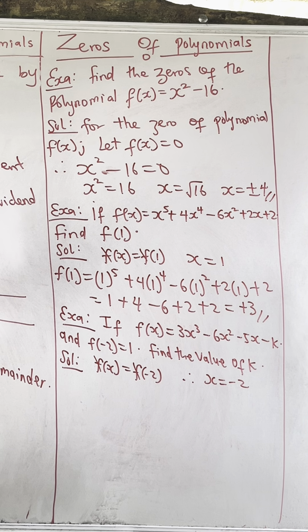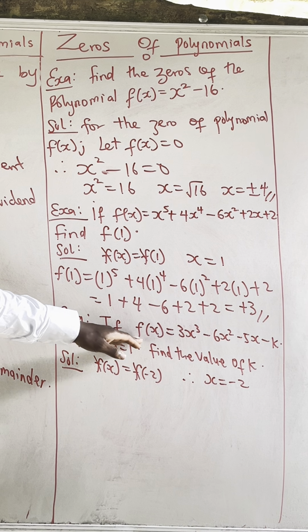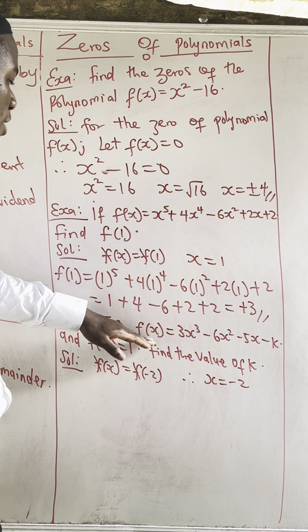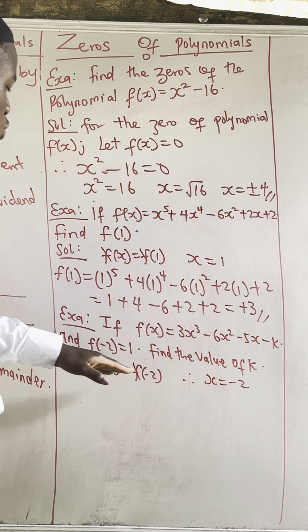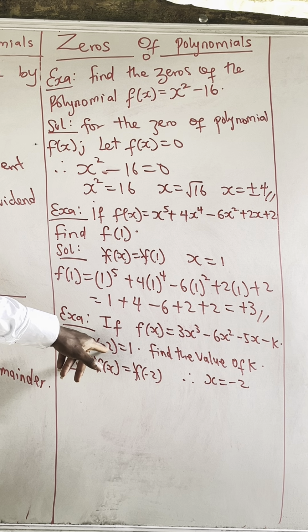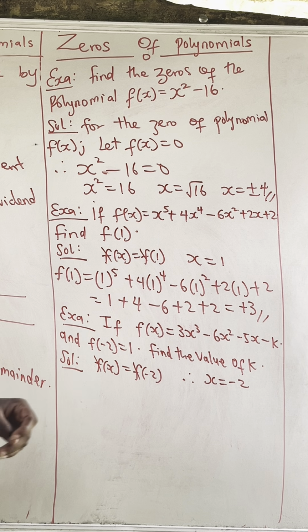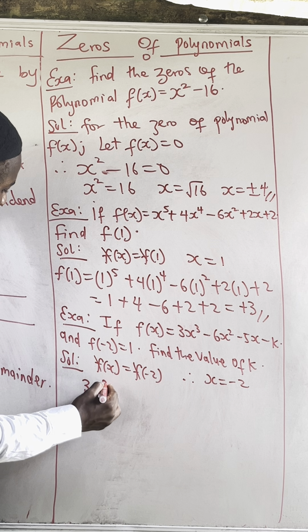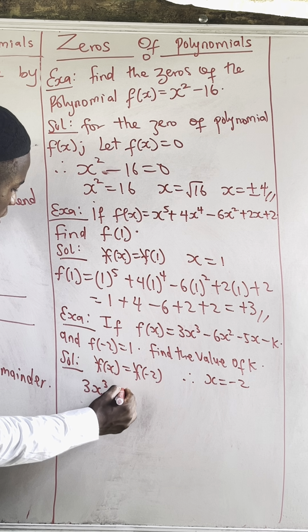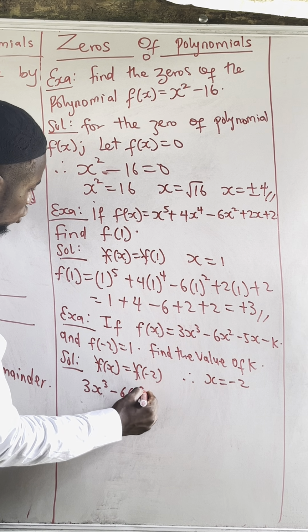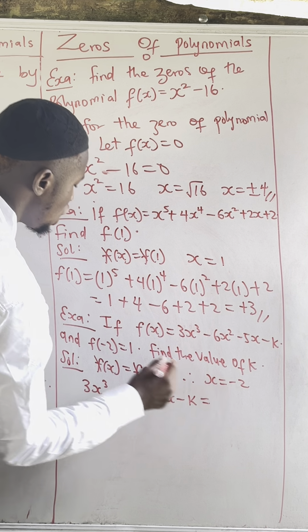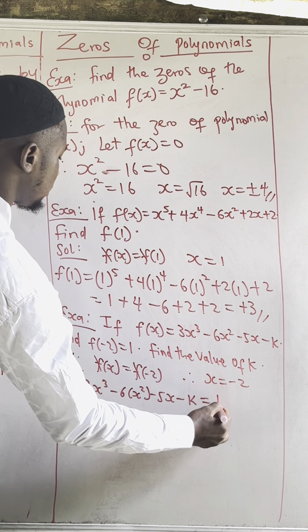So what this simply means is that f of x is equal to f of minus 2. Therefore, the value for f of x, which is this, will also equal the value of f of minus 2, which is 1. So this simply means that 3x cubed minus 6x squared minus 5x minus k equals 1.